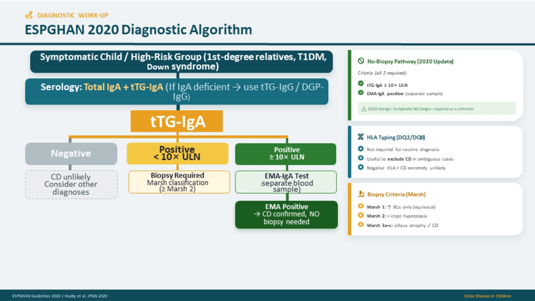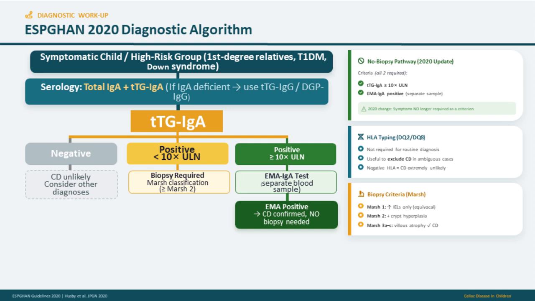And if you have a TTG-IgA which is more than 10 times the upper limit of normal, you don't go ahead with a biopsy, you do an endomysial antibody, that is the IgA test, on a separate blood sample. And if that is also positive, your celiac disease is confirmed and you don't need a biopsy. So when will you not need a biopsy? A TTG-IgA more than 10 times the upper limit of normal and an anti-endomysial antibody which is positive.